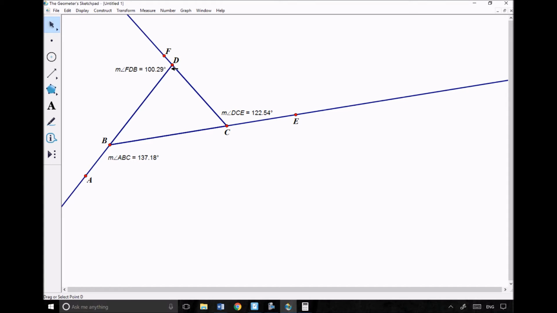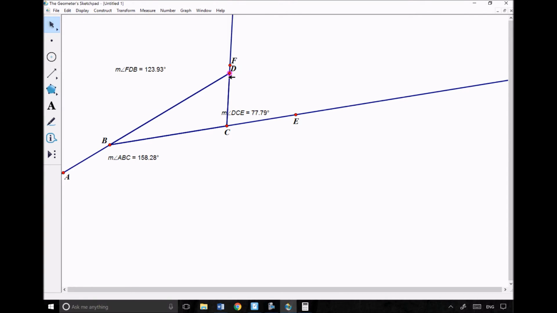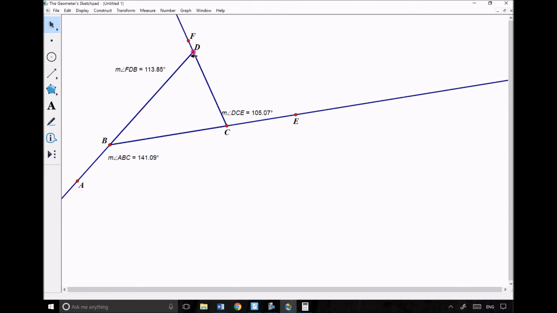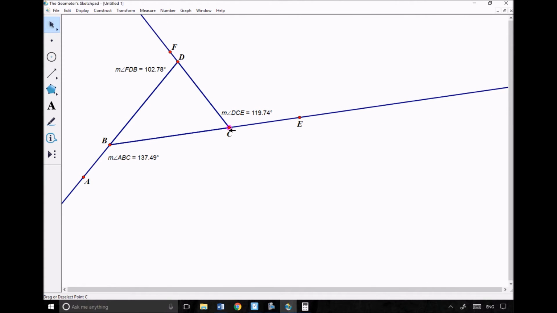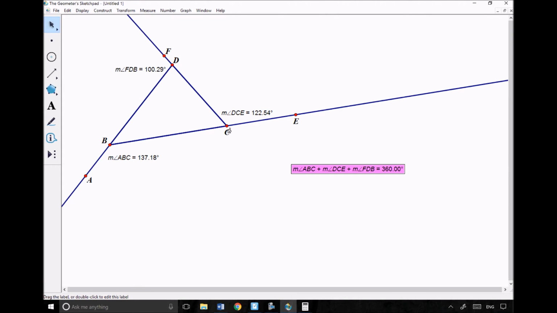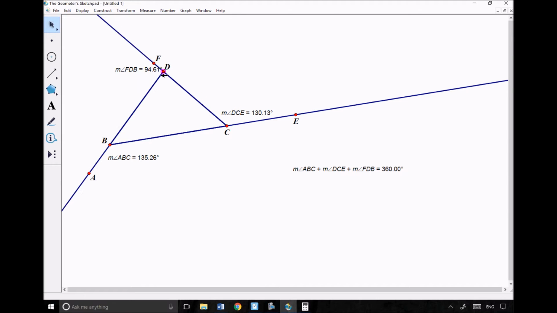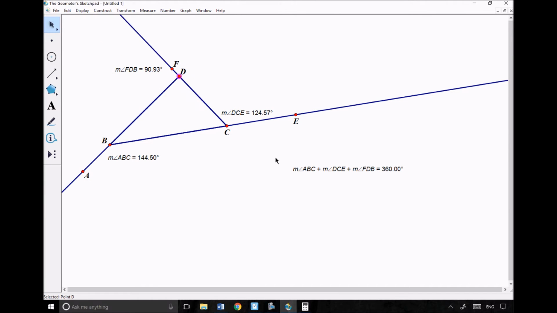And I'm going to play around with my triangle right here. As I move my triangle, my angle measurements are changing as well. So when I change my angle measurements, the question is, what happens to my exterior angles? Well, let's see. Here is the sum of all of my exterior angles, and when I change my angle measurement, notice how this sum stays constant.